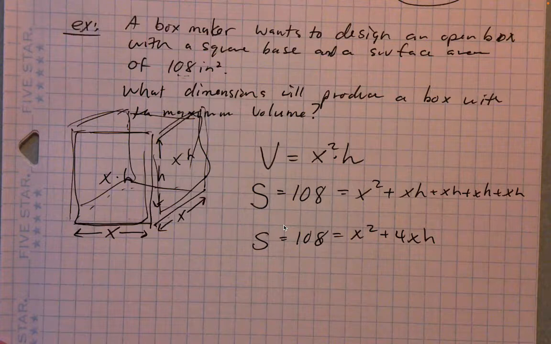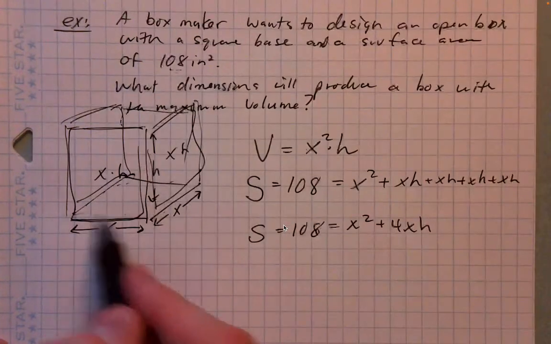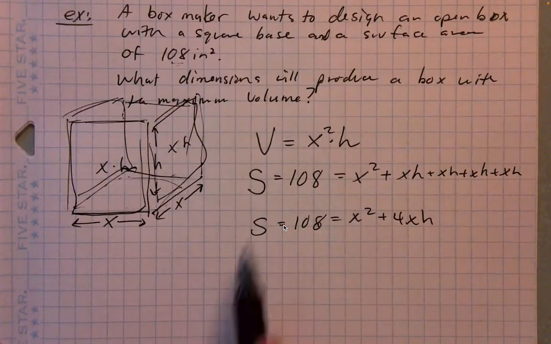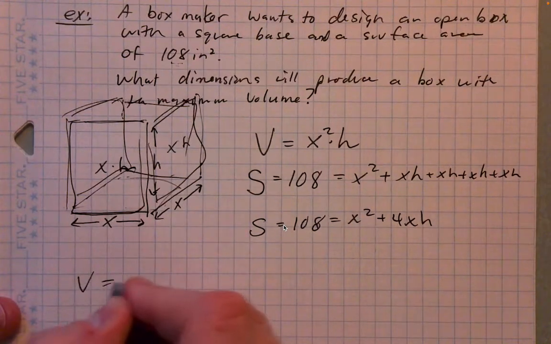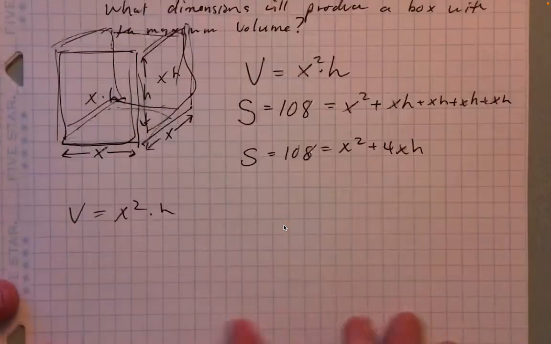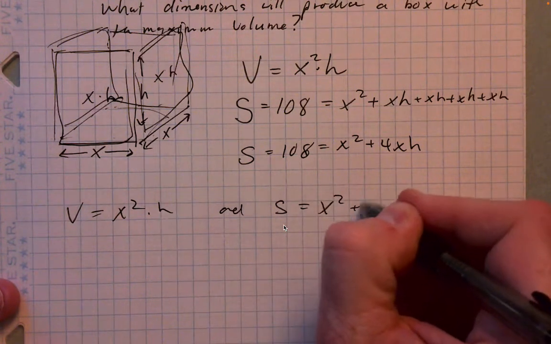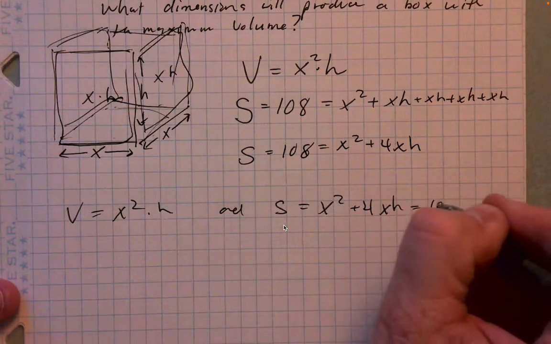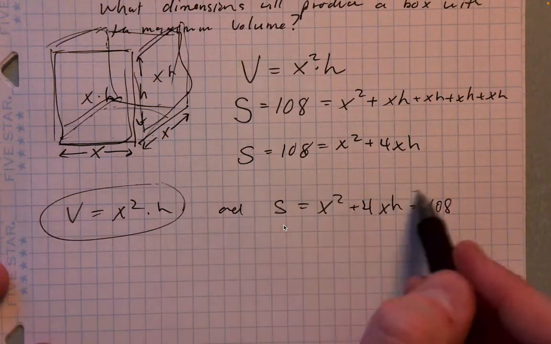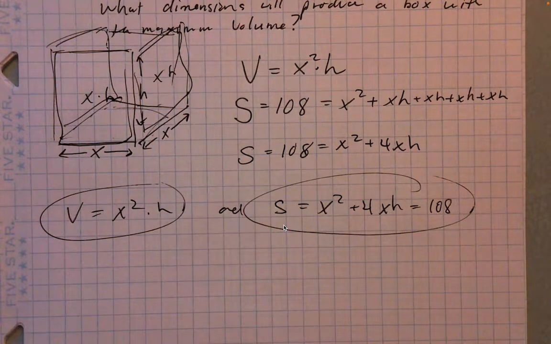So 4xh, and then you've also got the base, which is x by x. Okay, so now you've got V equals x squared times h, and S equals x squared plus 4xh equals 108. So those are your two big formulas to have to keep in mind.